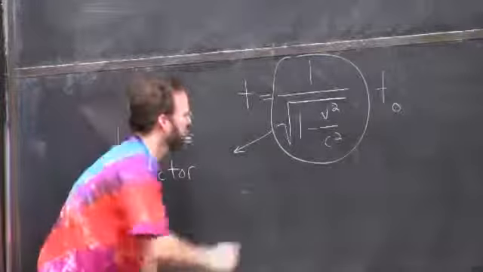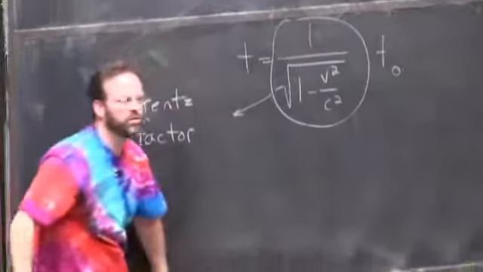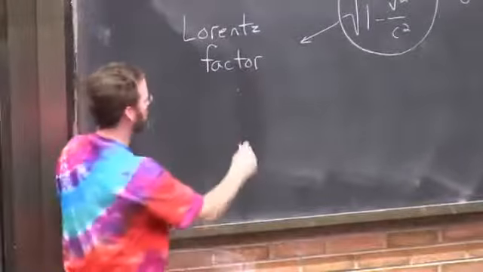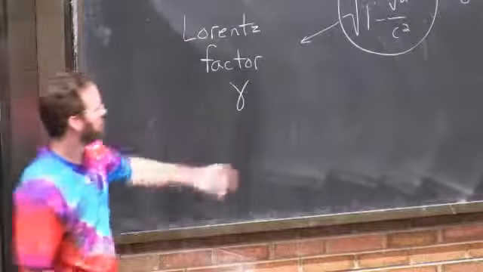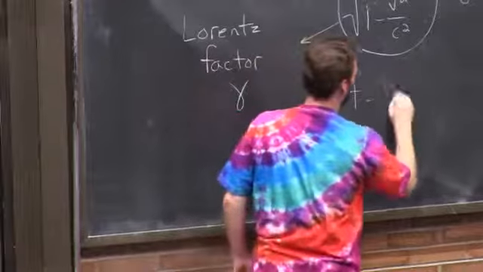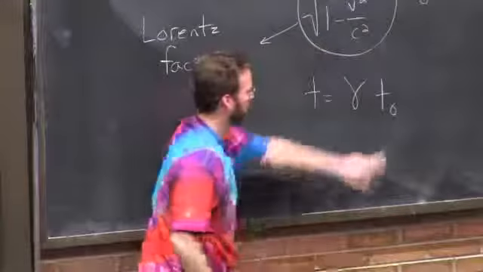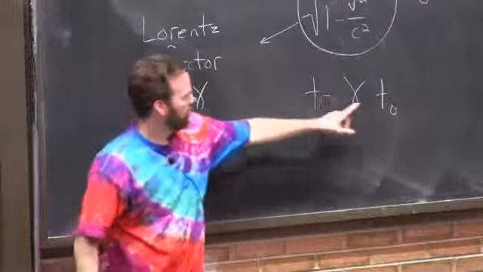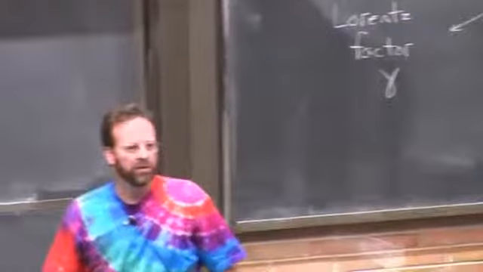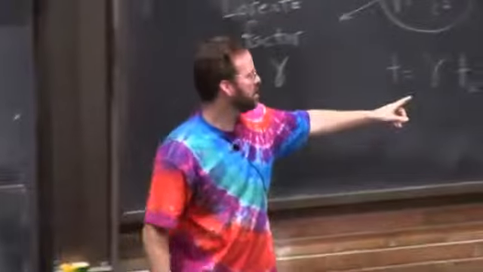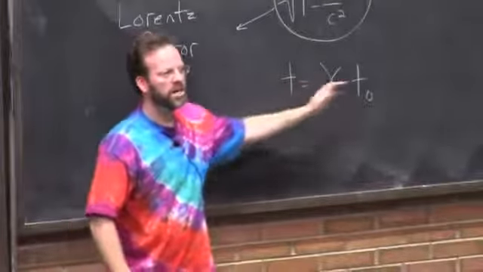And we can tell this shift in time just by knowing the factor. It's usually represented with the Greek letter gamma. So we can just rewrite this as: the two times differ by this factor gamma, the Lorentz factor. If the Lorentz factor is 1, then they're the same.